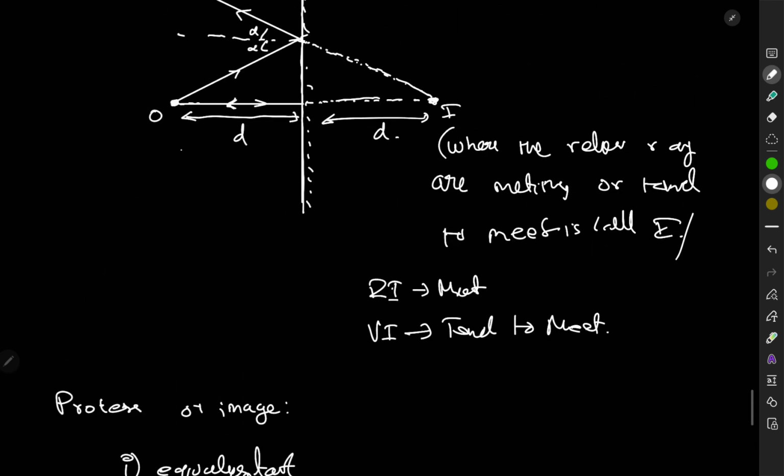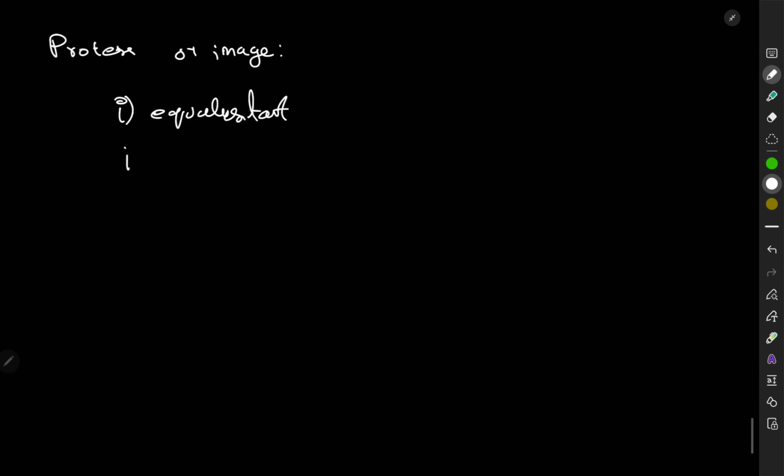Let's see the properties of the image. It is equidistant, which means if you keep an object at distance d, the image will be formed at distance d. It is laterally inverted, and it is a virtual image.